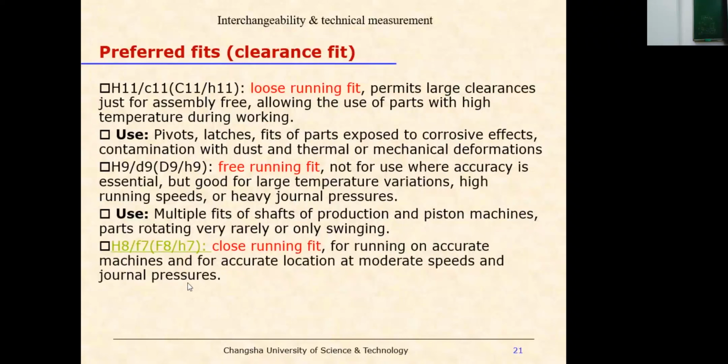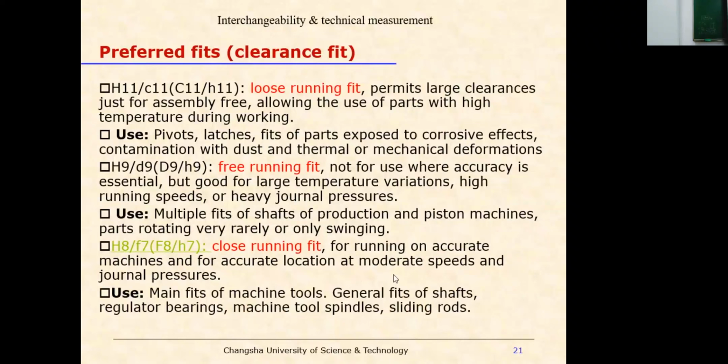So H8 or F7 or F8 or H7, the closely running fit, is for running on accurate machines and for accurate location at moderate speed and journal pressure. Because for this function, for this example, they need accurate location, right? Also you can rotate at a moderate speed, not very quickly.